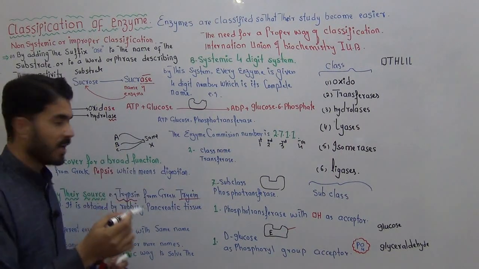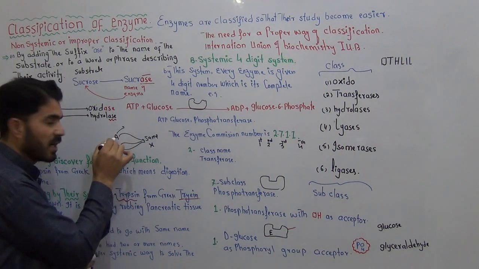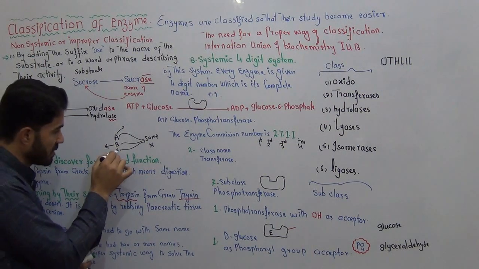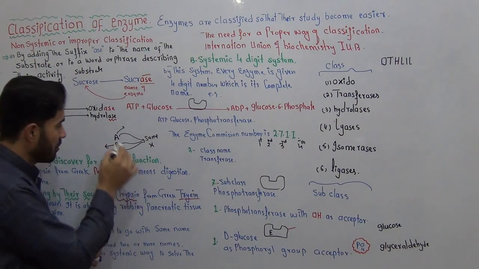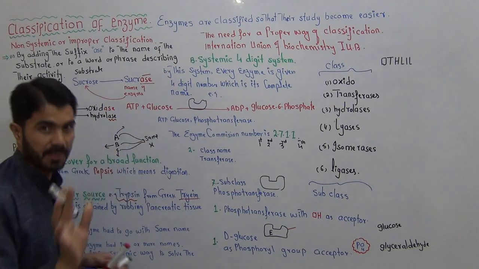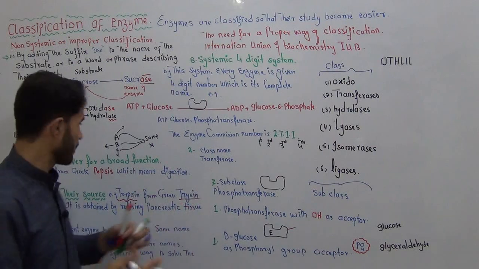That was a problem. This enzyme must be given a separate name, and that enzyme must be given another separate name, and this enzyme must be given another separate name. But because of this system, the different enzymes had to go with the same name. This was a problem.